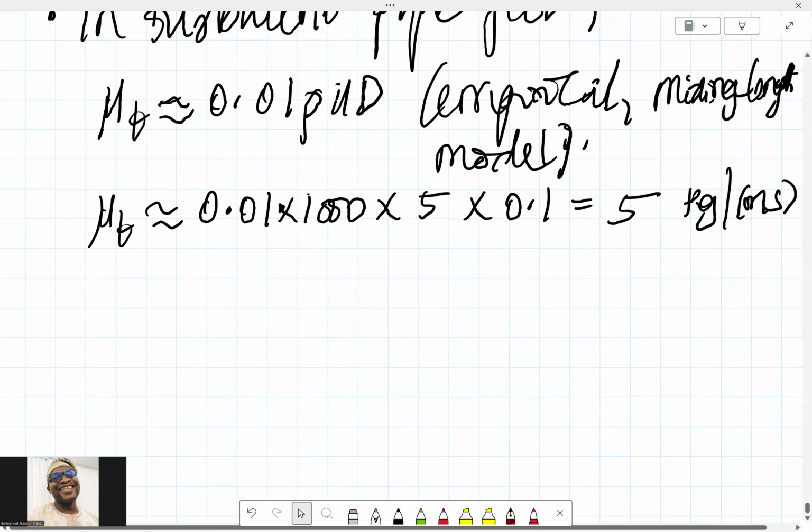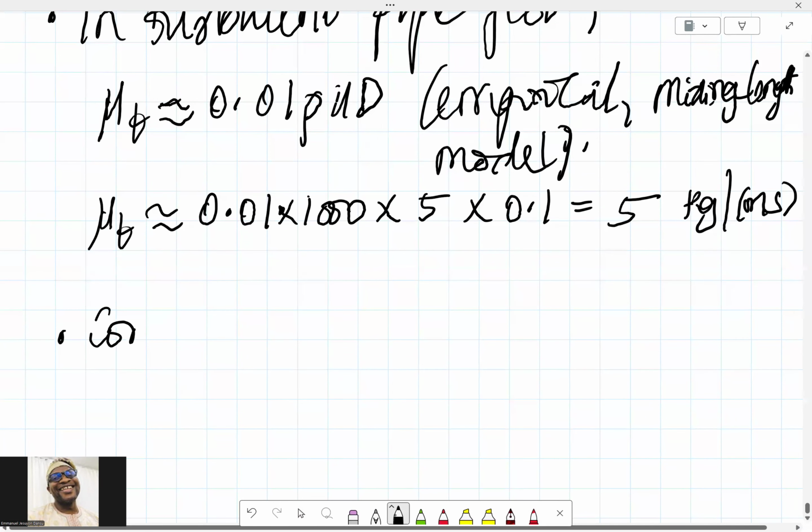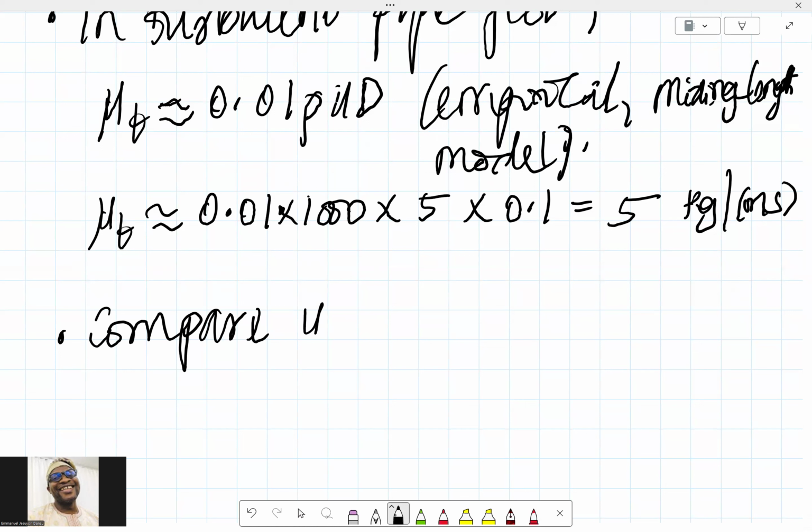Next we compare mu t over mu. That is 5 all over 0.001, which means 3 zeros: 1, 2, 3.